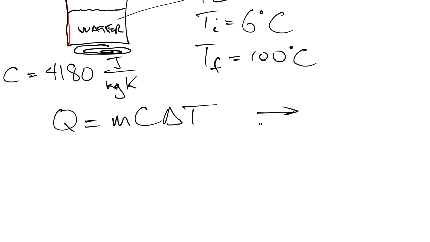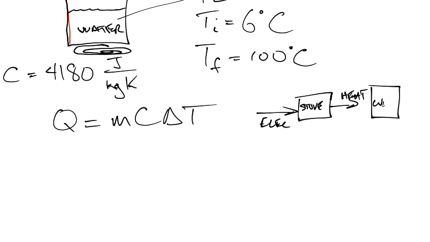Let's draw a little line here, and we'll say this is electricity. Okay, this is the stove. Okay, now this is heat that comes out. But this now is the water.